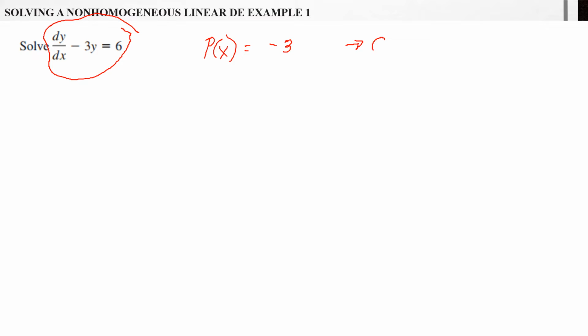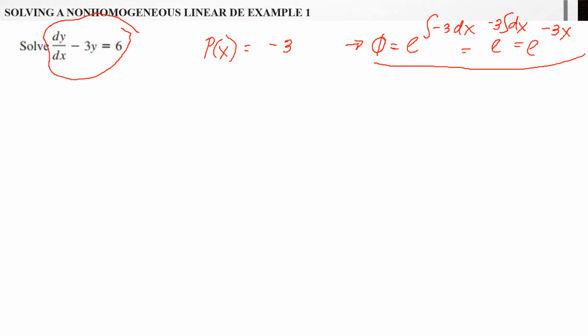Thus your integrating factor phi is equal to the integral of negative 3 dx, such that e to the negative 3x is your integrating factor.